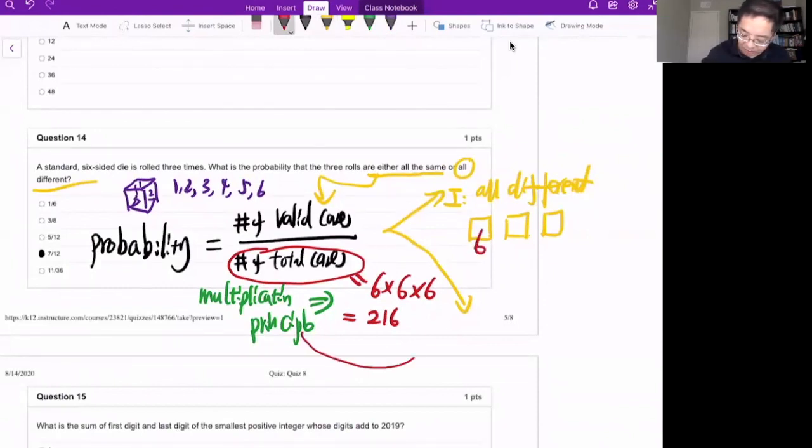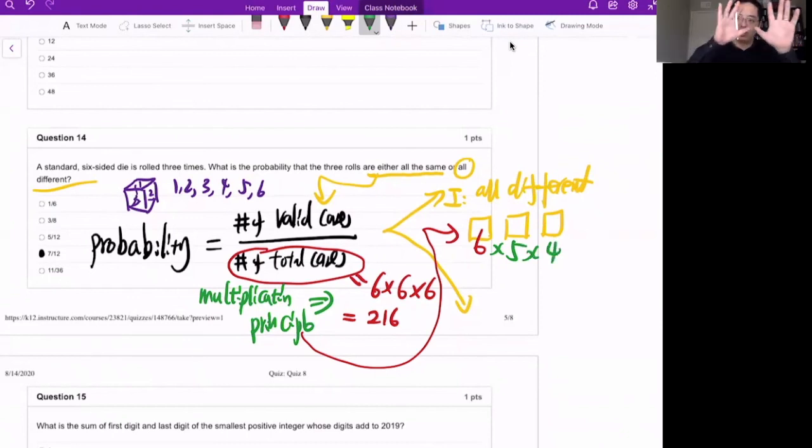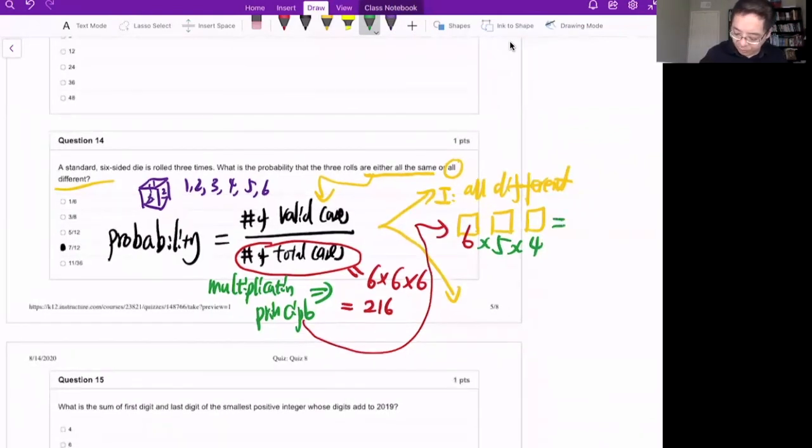Again, we use our multiplication principle. For the first time, we have 6 possibilities. And the second time we have only 5. That's because we want to be different. The third time it's going to be 4 because we have 2 numbers. The third one needs to be different from the previous 2. So we apply the multiplication principle. All different, that's all we have. And this is 120 different scenarios.